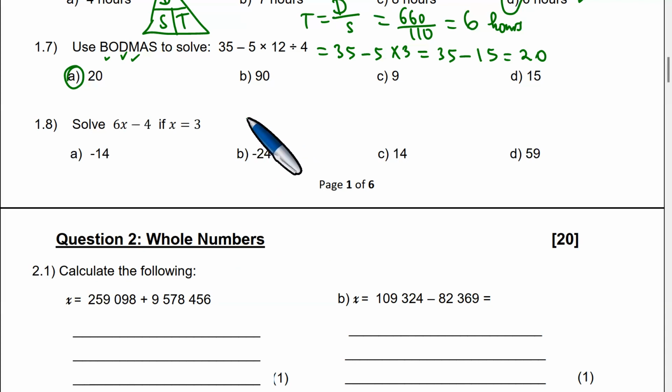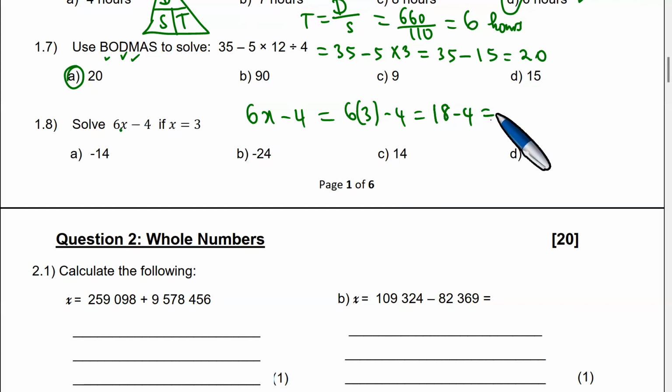My goodness, it's human error. 6x in mathematics means 6 times x. So if x is 3, then in place of x, you put 3. What is 6 times 3? 18. What is 18 minus 4? So 14. It's 14.